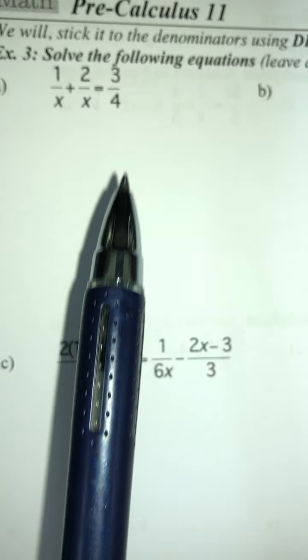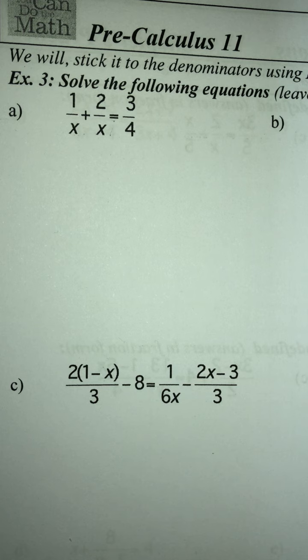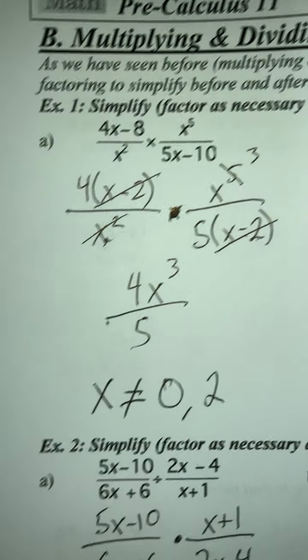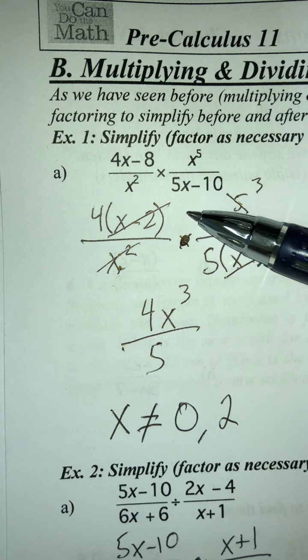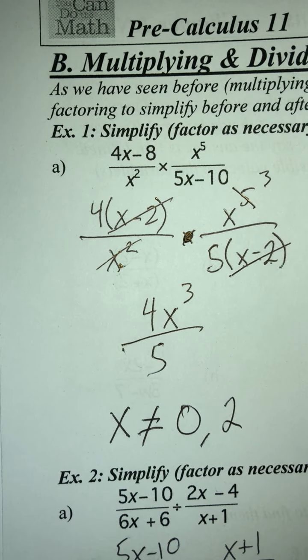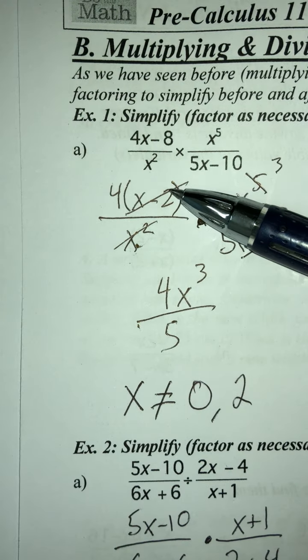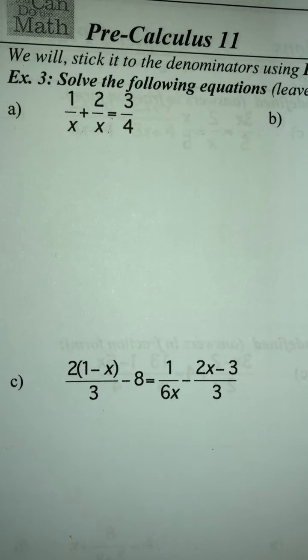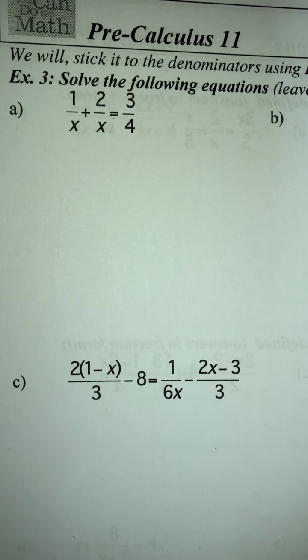If you go way back to the first two sections, like something that we did here, I cannot cancel out the denominator because there's no equal sign. I'm just simplifying. If you're asked to simplify, you cannot cancel out denominators. This one has an equal sign, so therefore I can get rid of denominators.